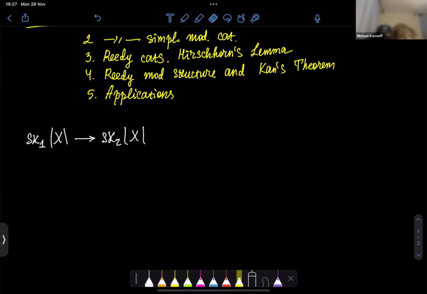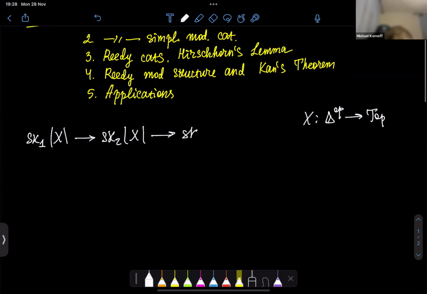You know, if you have a simplicial object in the category Top, you can form the following diagram, and the nth term is just the following tensor product.